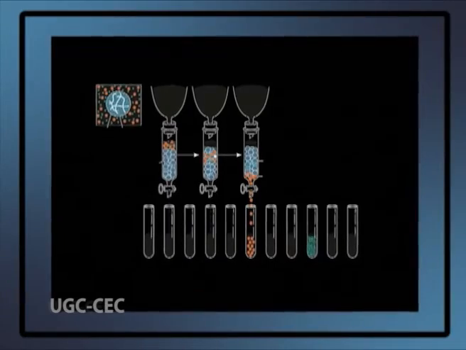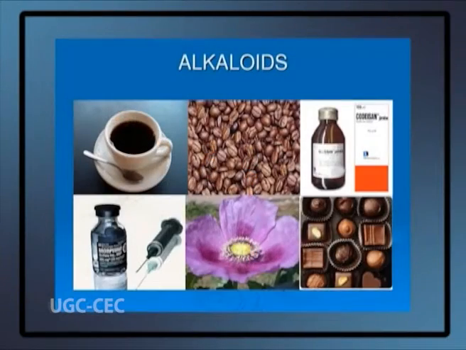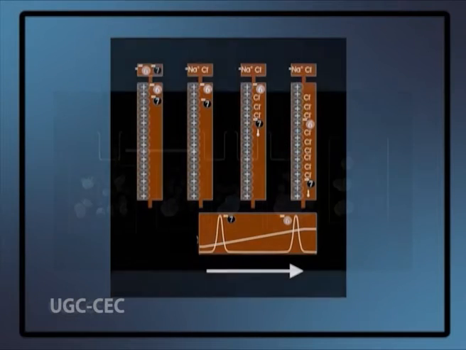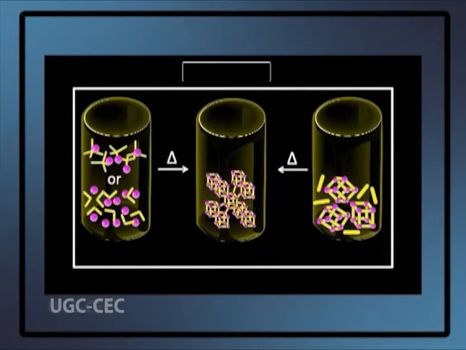Both the mixture components and the mobile phase must be charged. A mixture of alkaloids which contains positive charge can be separated on an anionic exchanger, while a mixture of organic acids which bears negative charge can be separated using a cationic exchanger.